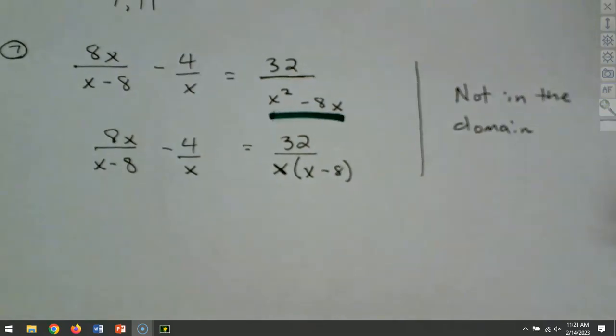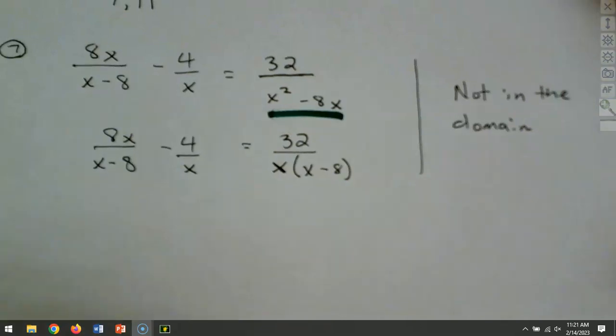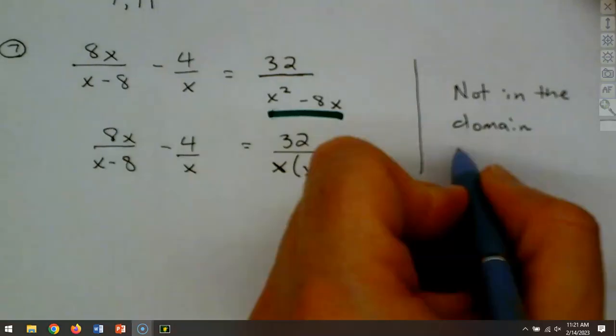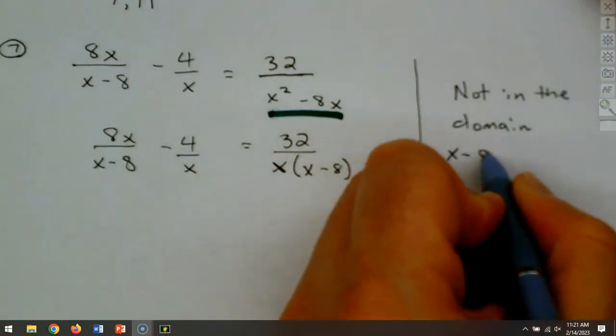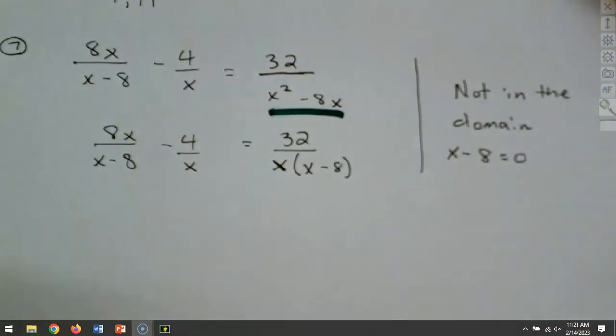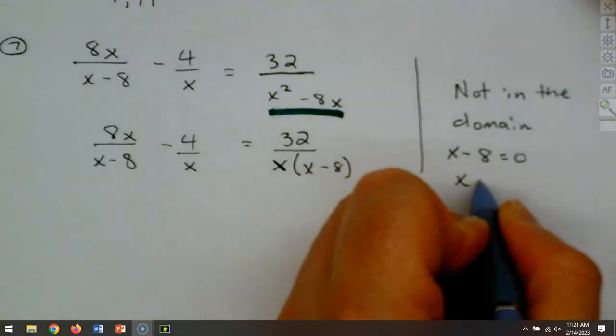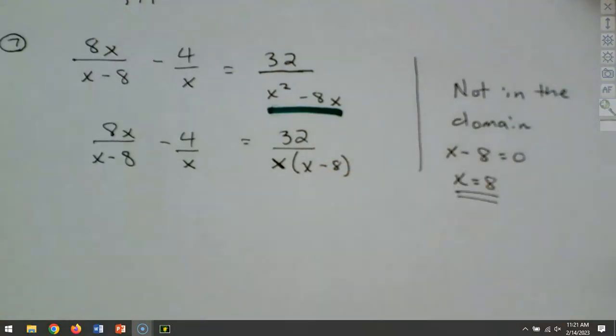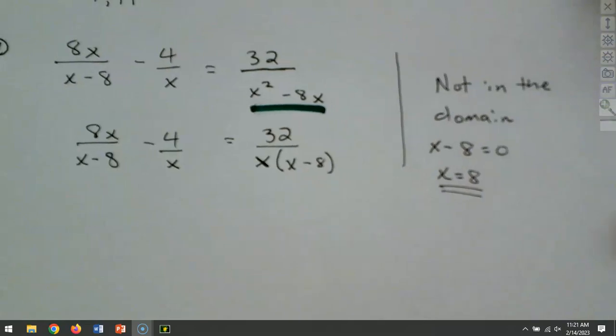And we cannot have division by 0. So we look at each denominator. And what's our first denominator? x minus 8. So x minus 8 equals 0. What number then is not in the domain? 8. Move it over and solve, right? So 8 is not in the domain.